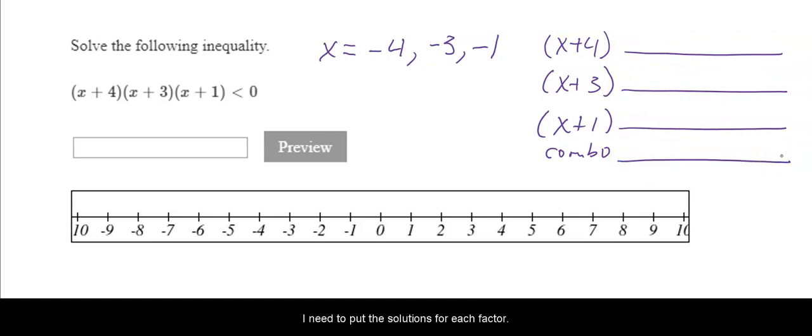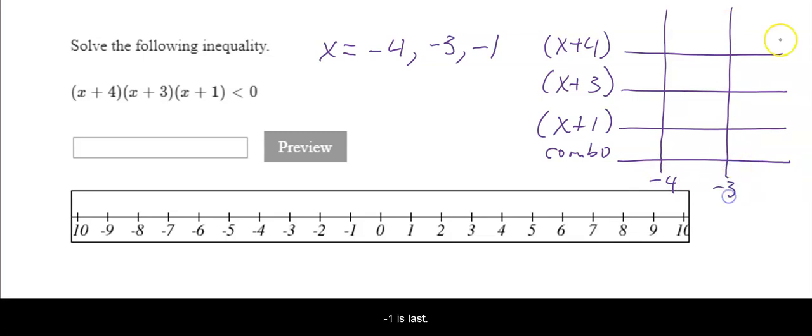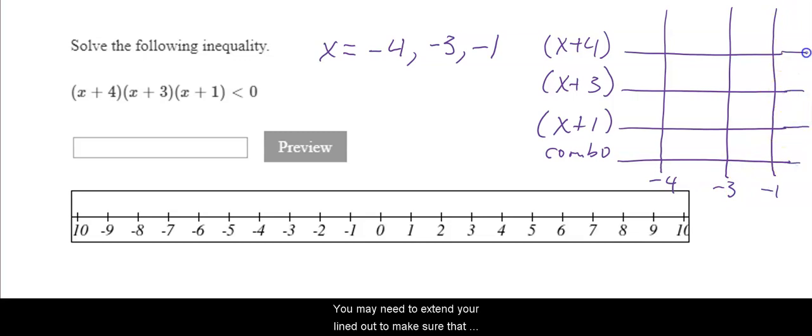I need to put the solutions for each factor onto the table as vertical lines. Negative 4 is to the far left. Negative 3 comes next, and negative 1 is last. You may need to extend your lines out to make sure that you have a full grid.